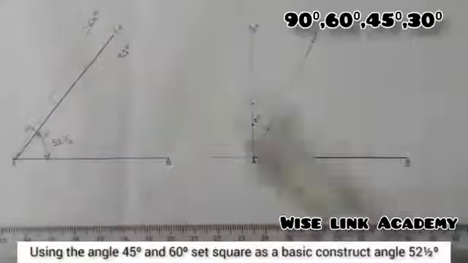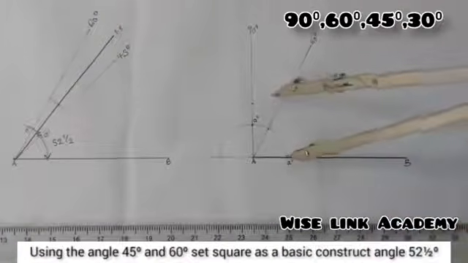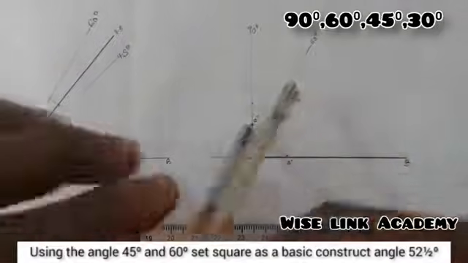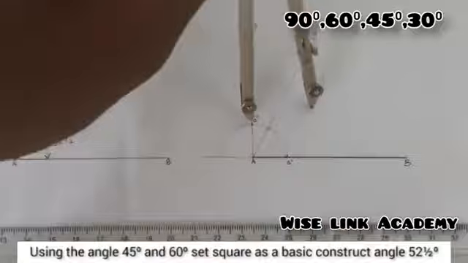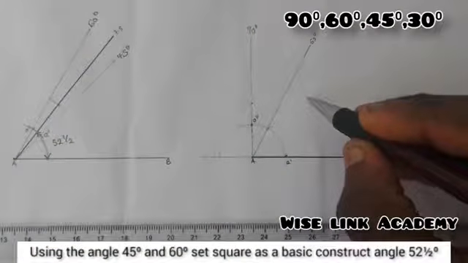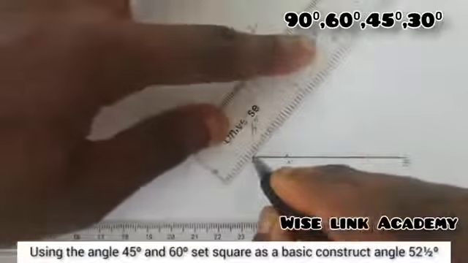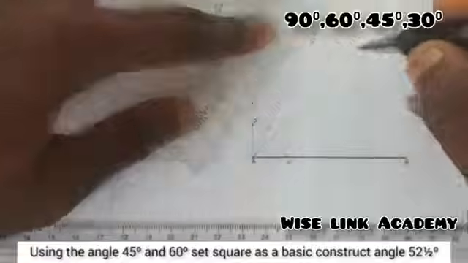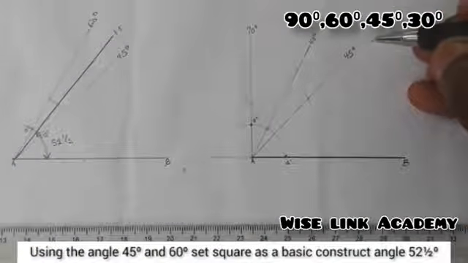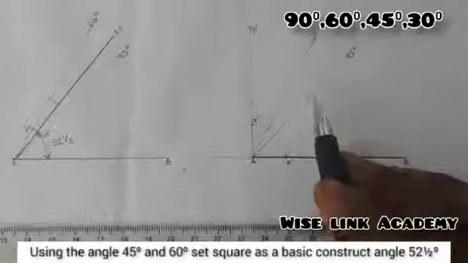Simply take your compass at point A prime, strike an arc this way, come to point A prime prime, and cut the arc. Where the arc intersects is at this point. Simply take a meter rule and connect it together. Here is going to be 45 degrees this way.